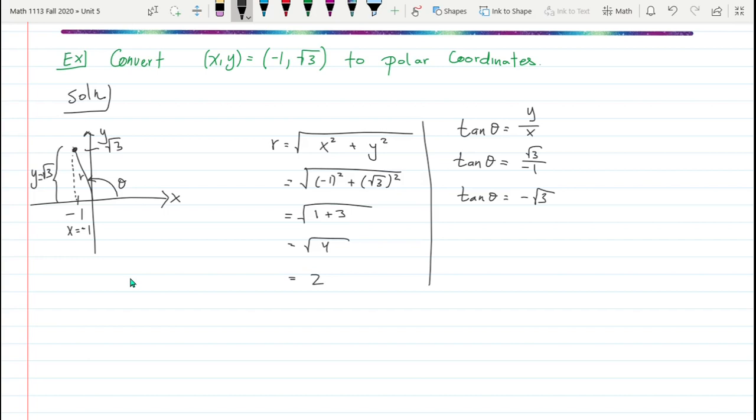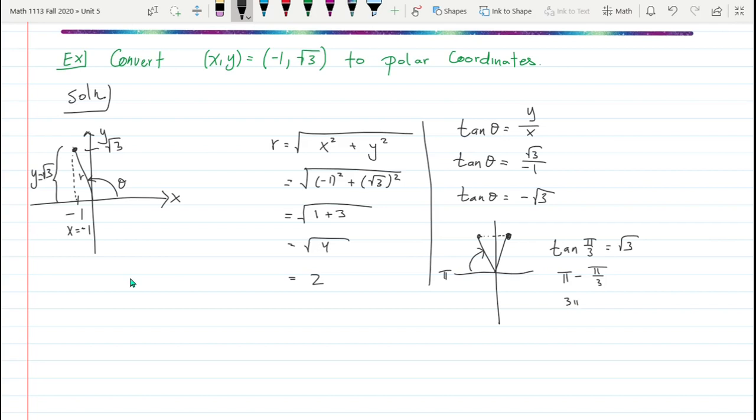You could do tangent inverse, or you can just use reference angles. These two are kind of similar to each other, and so we know that tangent at pi over 3 is equal to square root of 3, but because theta is in the second quadrant, we do this business with pi minus this pi over 3, right?